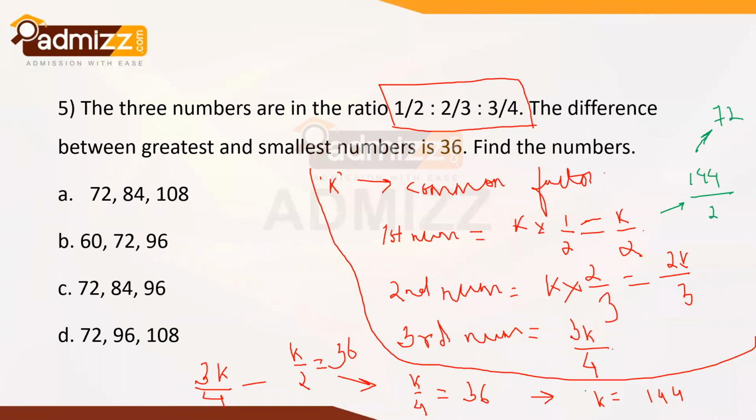And the second number is 2k by 3, which is 2 times 144 by 3, which happens to be 84. And then lastly, we've got 3k over 4, which happens to be 108. So the correct answer is option number A. Was this clear to everyone?